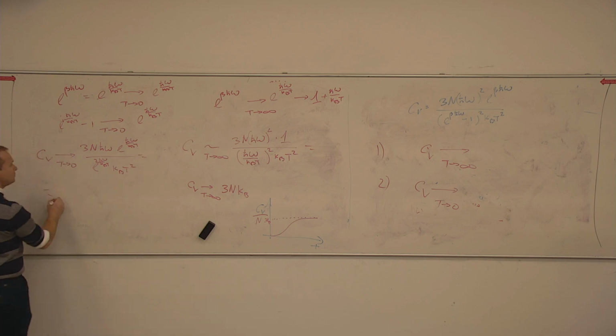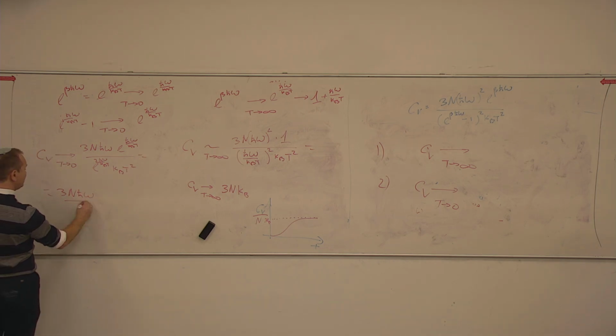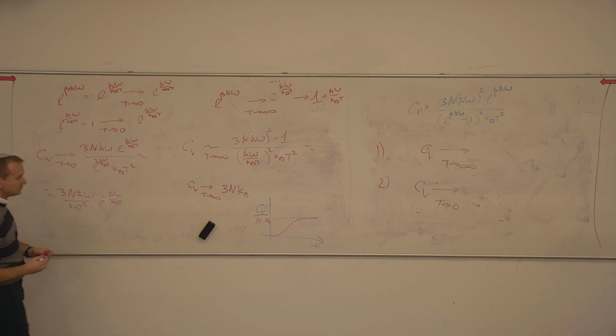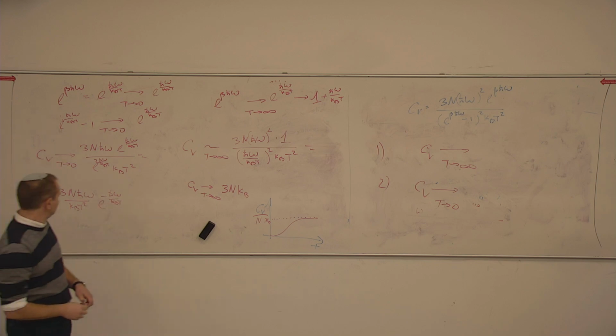It equals 3N h bar omega divided by k Boltzmann t squared, e to the power minus h bar omega divided by k Boltzmann t. So when t is large, it's negligible.